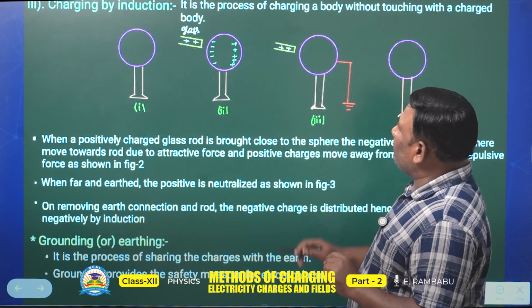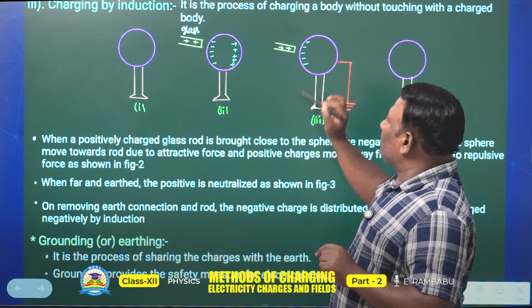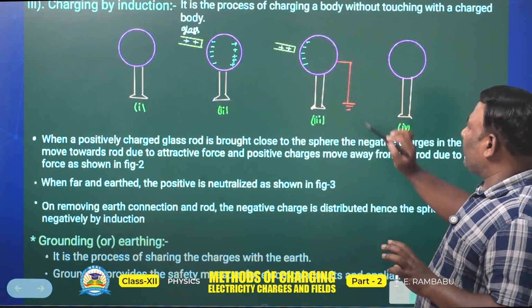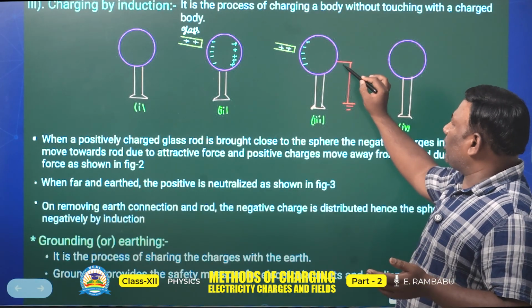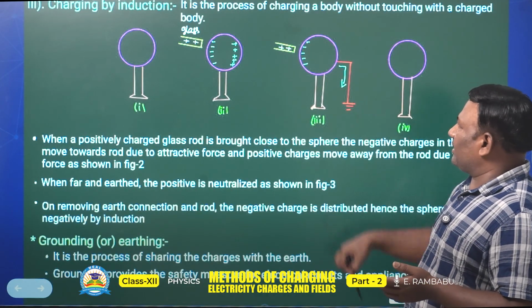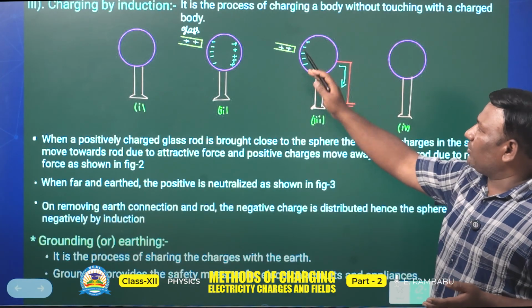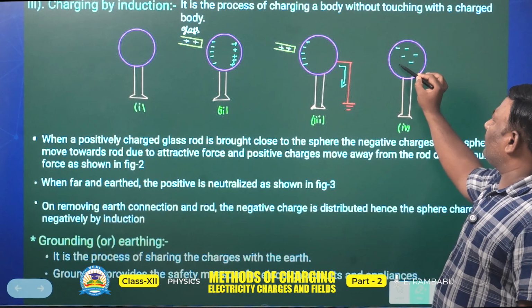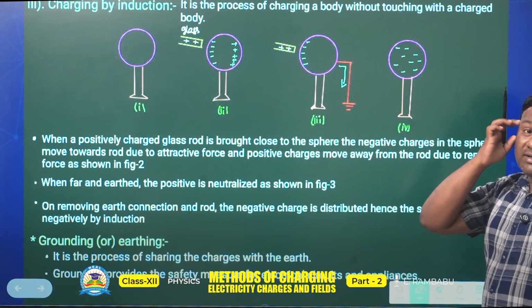And next, here the negative charges are on one side and the positive charges on the far side. When I connect the earthing, the earthing will divert all the positive charges towards the earth. After I remove the earthing and I remove the glass rod, all the negative charges are uniformly distributed through the given metallic sphere.